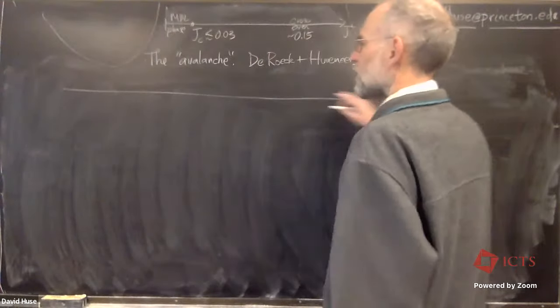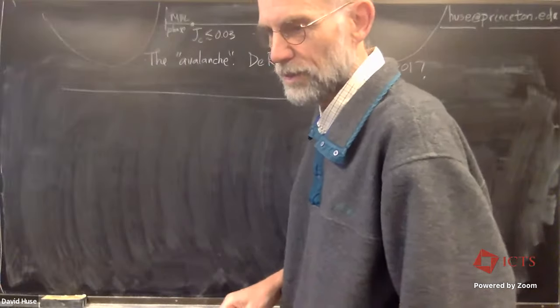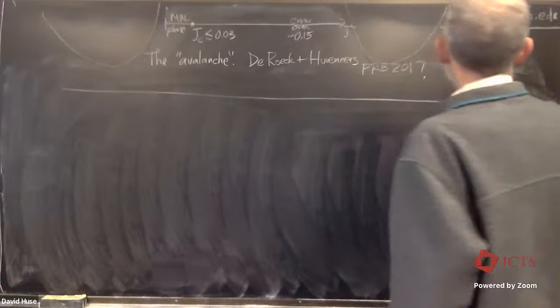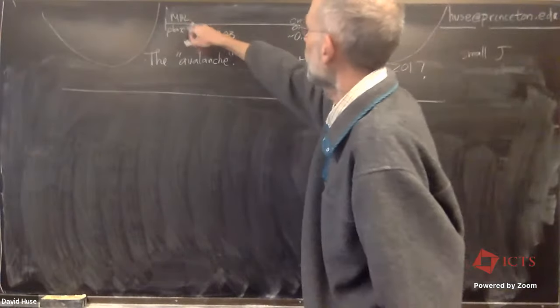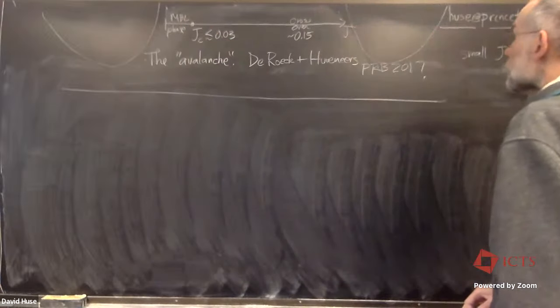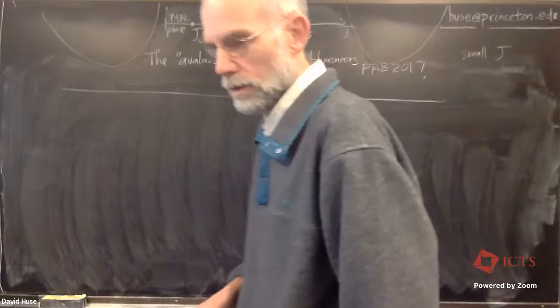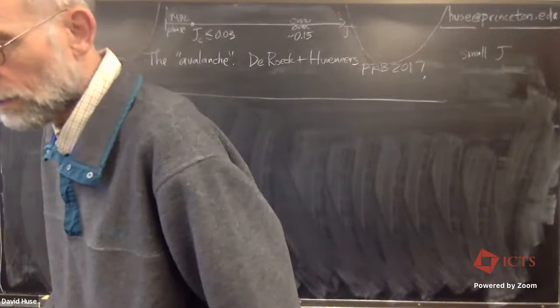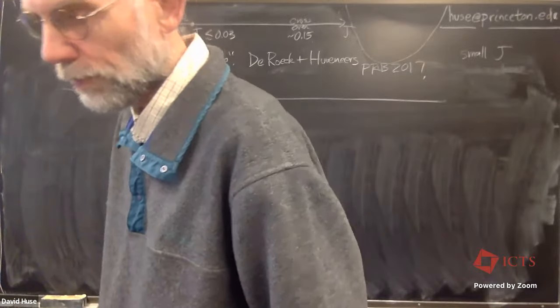This is now space, one dimension. We're at small J. Yeah, the fields are random.